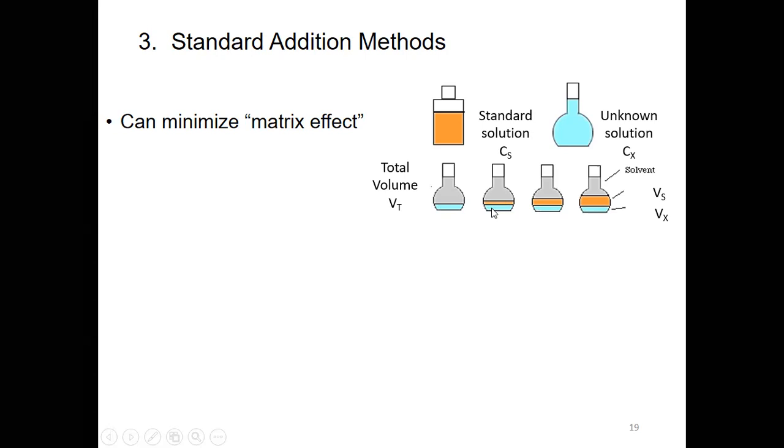The volume of unknown solution is the same in every flask, let's say it is Vx, and then the standard solution we will add in different volumes. For the very first one, we will not add any standard solution.